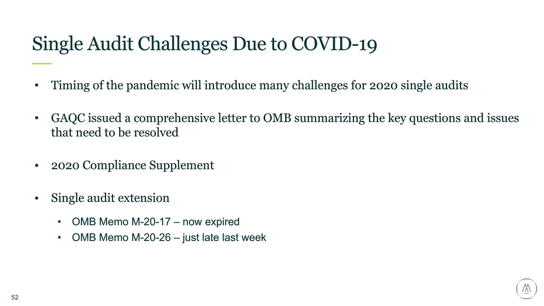But because that memo expired, OMB just issued late last week memo M20-26. You can Google that and find information about that. But the good news is that they did an extension. It's 3 months now. It's broad-based and does not require federal agencies to take any other action for that extension.